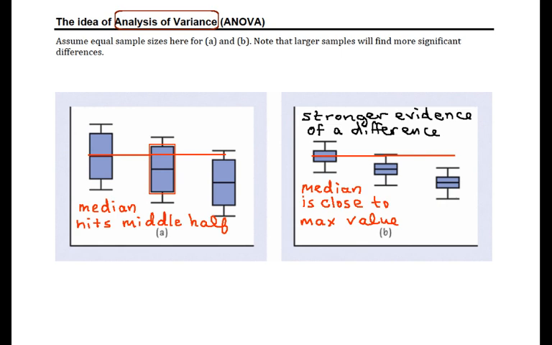Whereas if we look at this first picture, because the median was still in the middle half of the next distribution over, this is slightly weaker evidence of that same difference. We don't really know statistical significance from this picture.